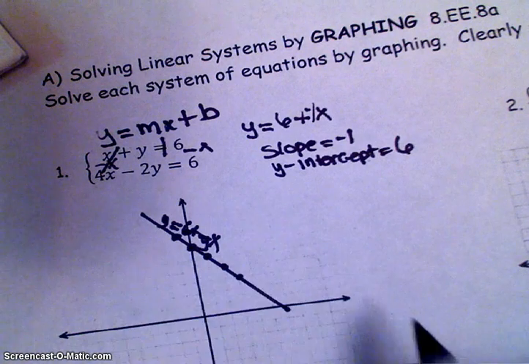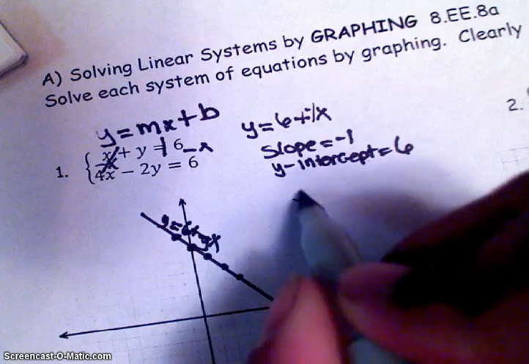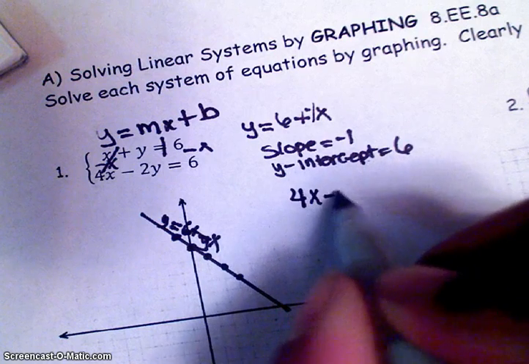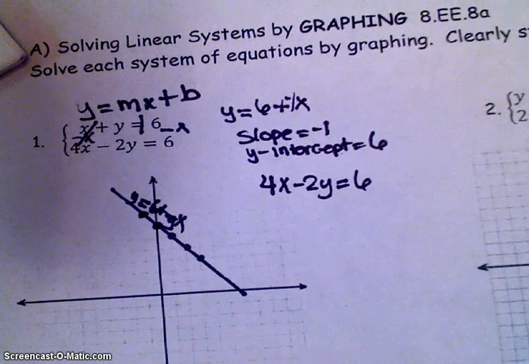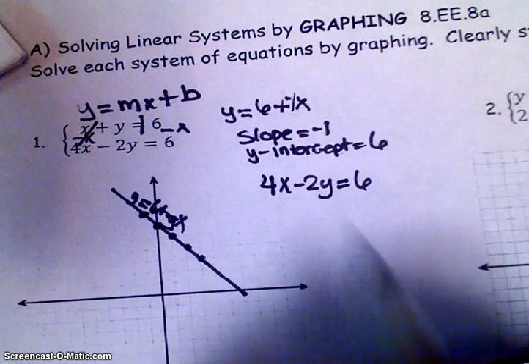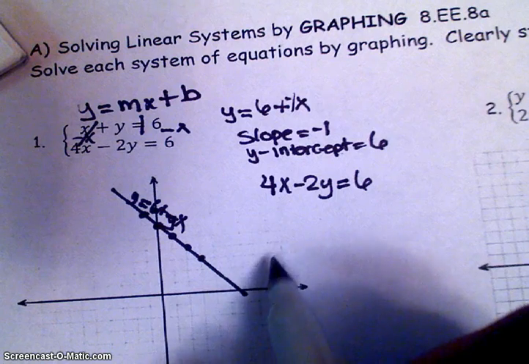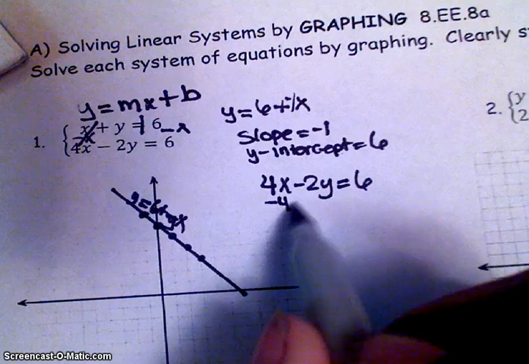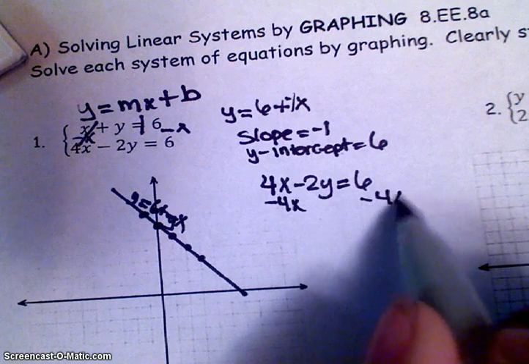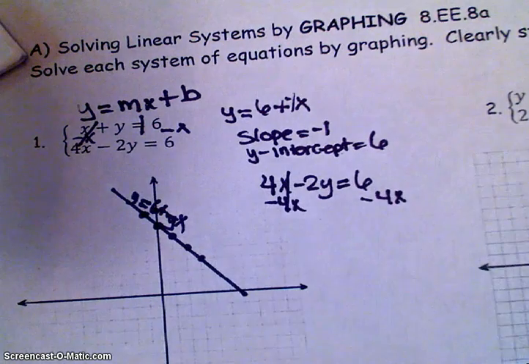Now I'm going to take my second equation, which is 4x minus 2y equals 6. I am going to try to get y by itself. I'm going to first get rid of 4x, so I'm going to subtract 4x from both sides. They simplify to be 0.